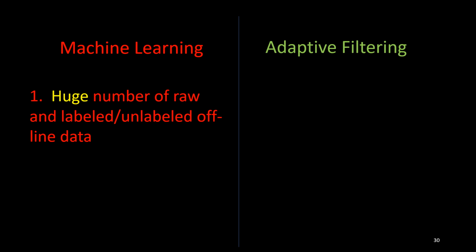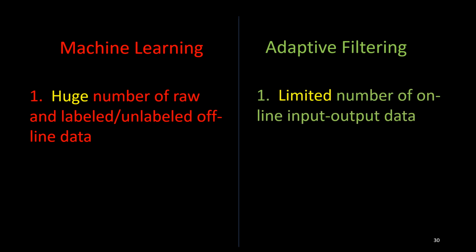Whereas in adaptive filtering, you will find that there are limited number of online input-output data. So depending on very limited number of pilot sequences, those data are called pilot sequences. So using those pilot sequences, we need to train adaptive algorithms or adaptive architectures. So this is the difference. But remember, both machine learning and adaptive filtering are basically learning processes.